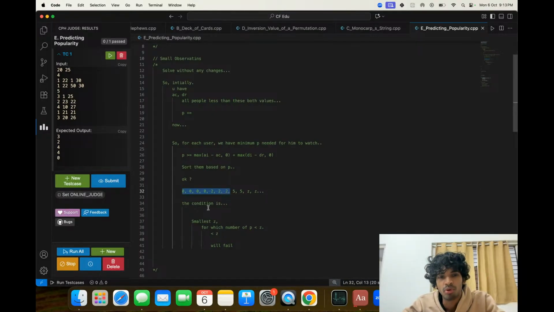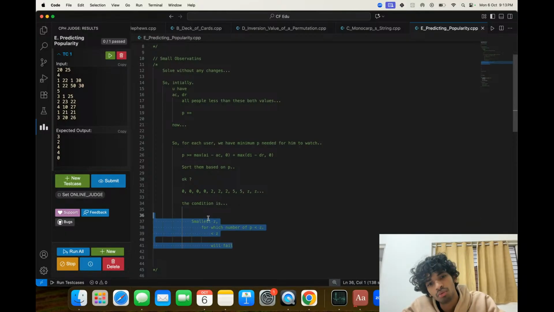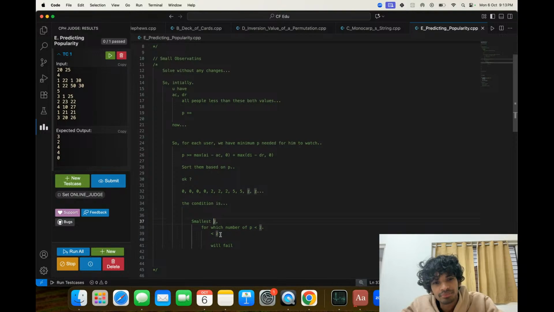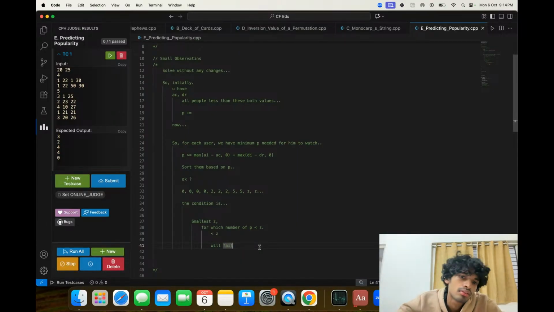And then we only have these many people watching. So we should be able to find this value. What value? If we can find for each Z the number of people less than that, then we can do this problem, right? And then you want the smallest such Z. So what happens?